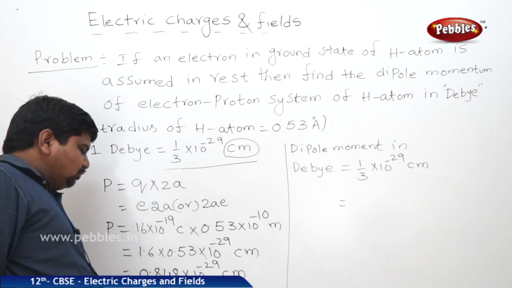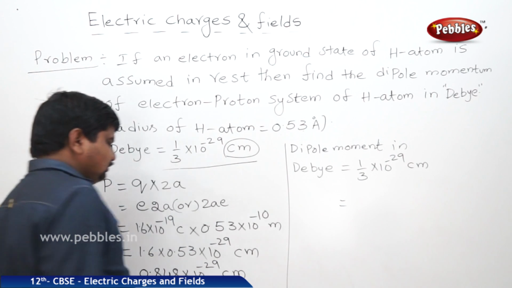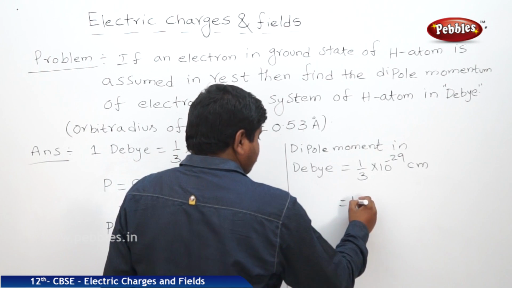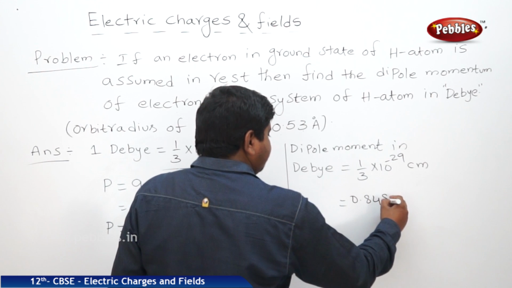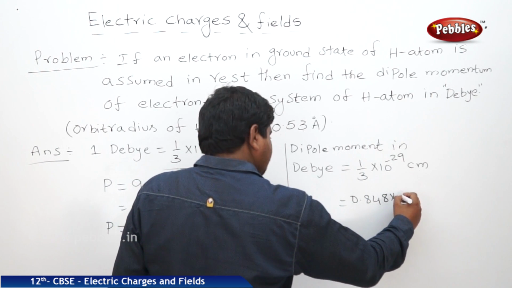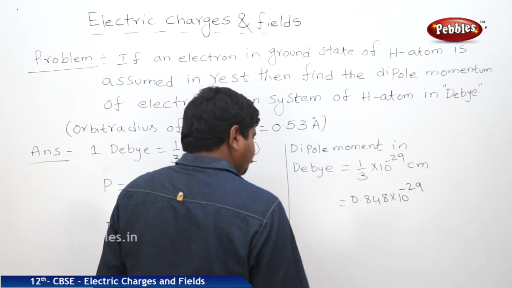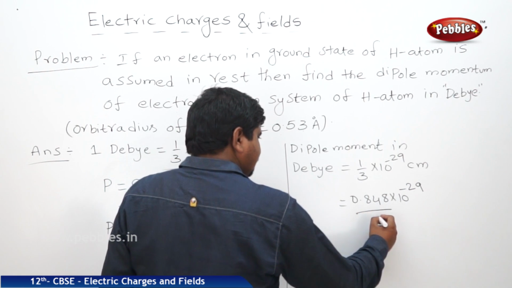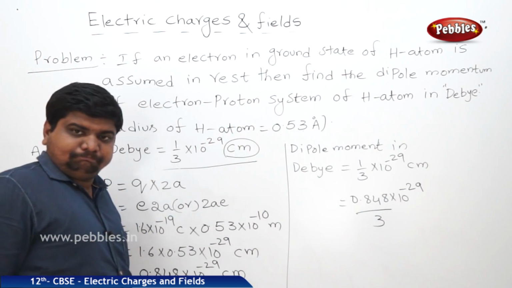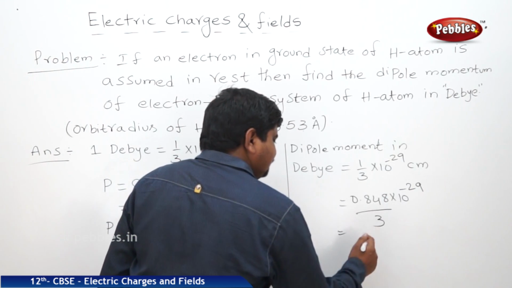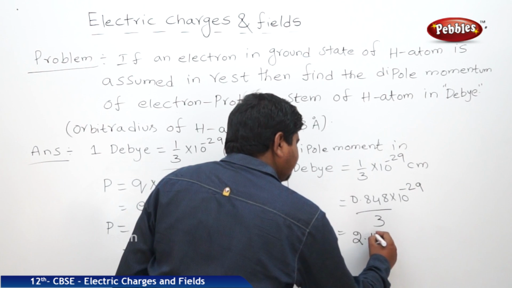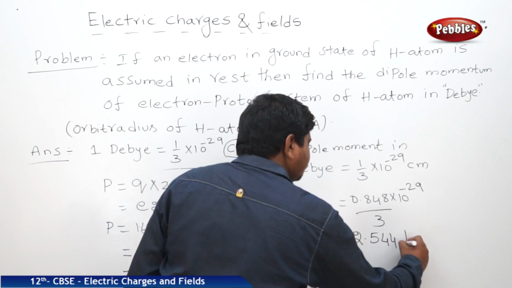What is the answer in coulomb meter? 0.848 into 10 to the power of minus 29, by 3. 0.848 by 3 is equal to 2.544.